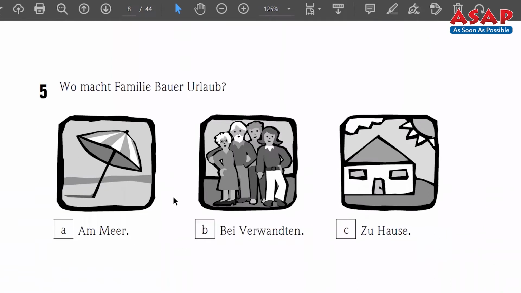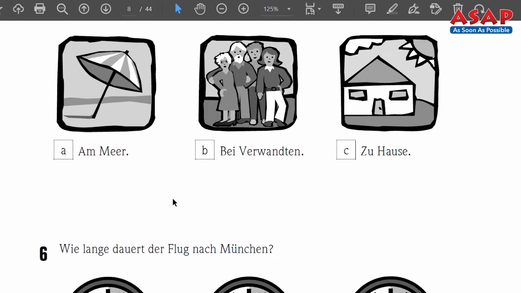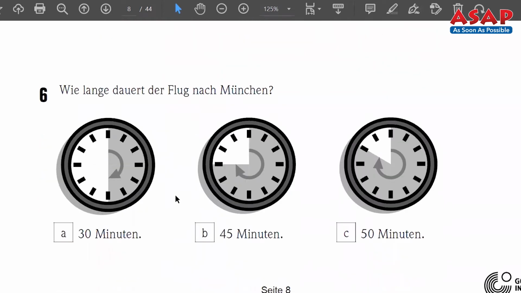Before the audio of the next question starts, you should finish reading the question and all three options. This is the best way to answer this Hören Teil. And since it is played twice, you have a second chance to think about your answer. When you listen the first time and get some answer, think about it.